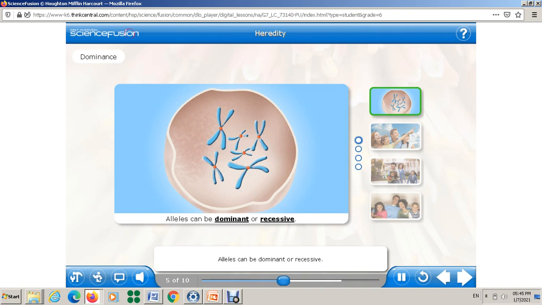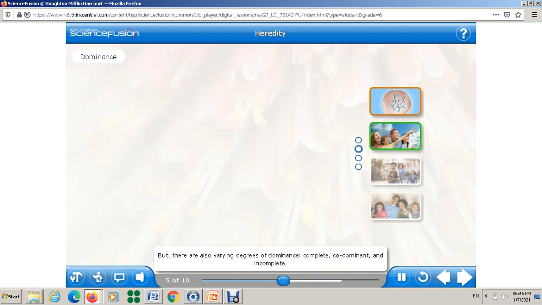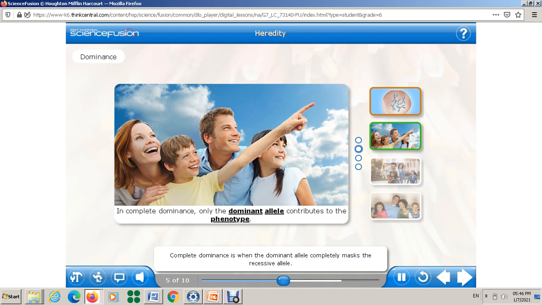Alleles can be dominant or recessive, but there are also varying degrees of dominance: complete, codominant, and incomplete. Okay, we studied already the complete and incomplete. Let's continue. Complete dominance is when the dominant allele completely masks the recessive allele.